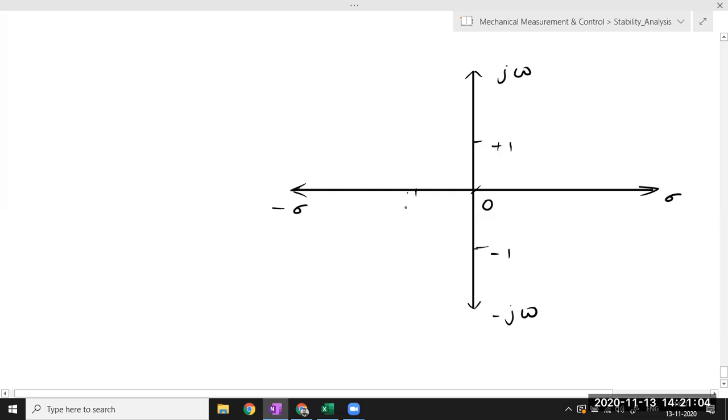Now this is another point, which is -1. So one of the points will be this one, and another point will be this one. Is everyone okay? Now, this whole region will be an RL region.